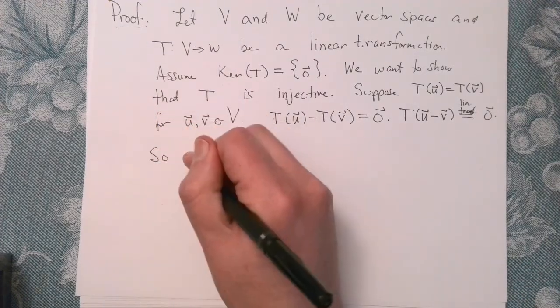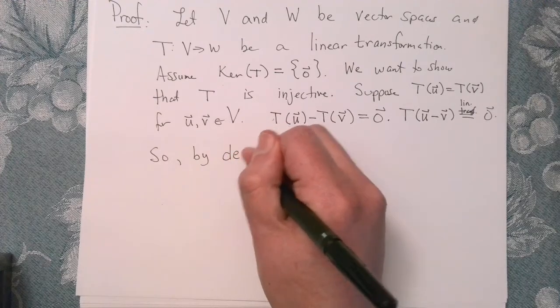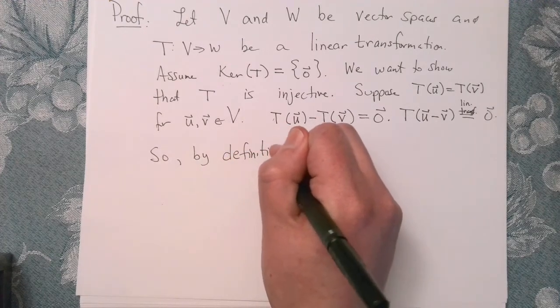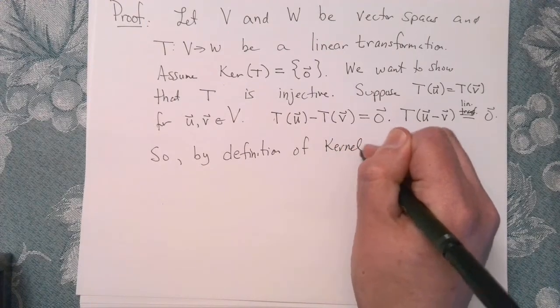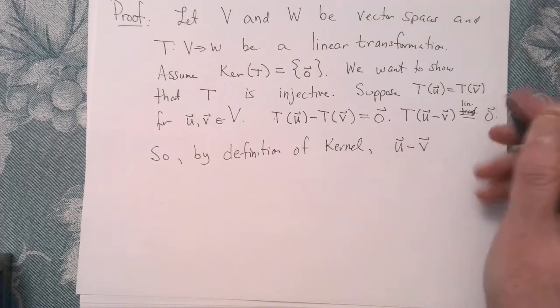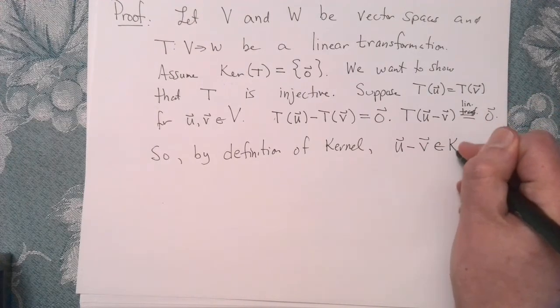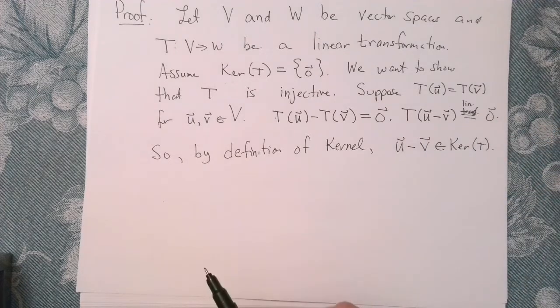So we must have, by definition of kernel, that u minus v is in the kernel of T. But the kernel of T only has one element, right? The kernel of T is trivial.